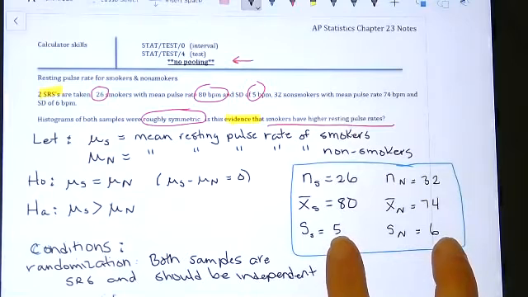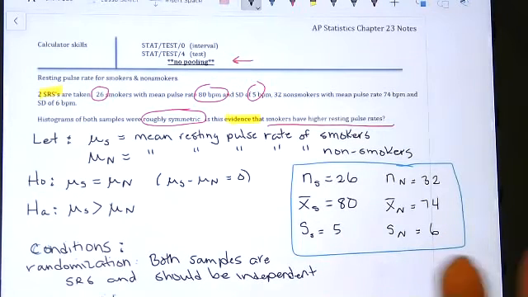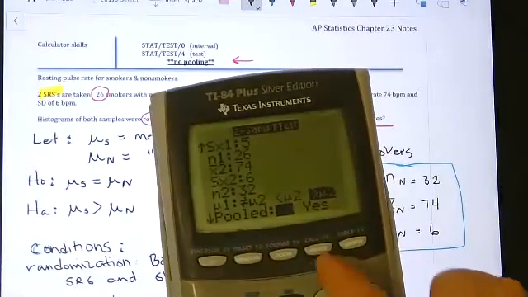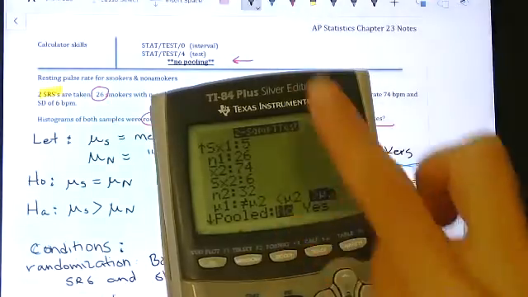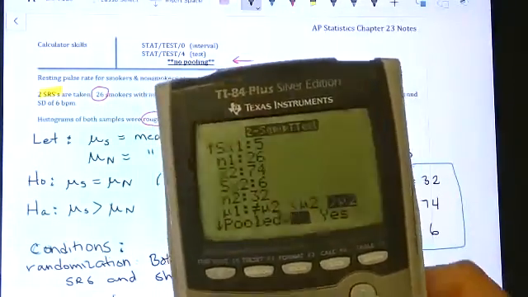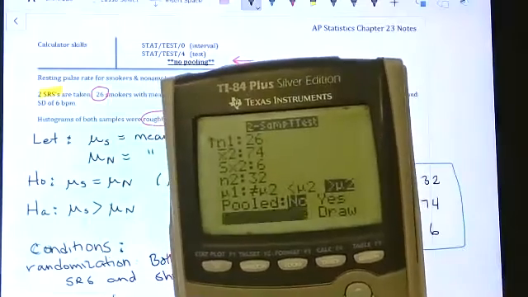That's what pooling does. We really have no way of knowing that. There's no reason that we would need to assume that. So we are never going to pool. We're not making any assumptions here about the standard deviations for both groups being equal. So we will always just say no.